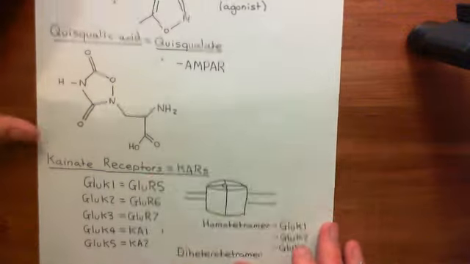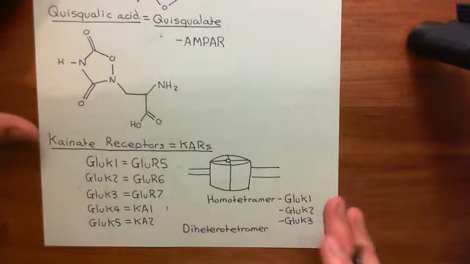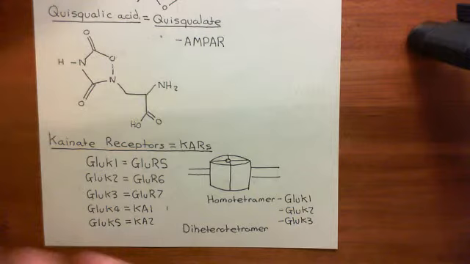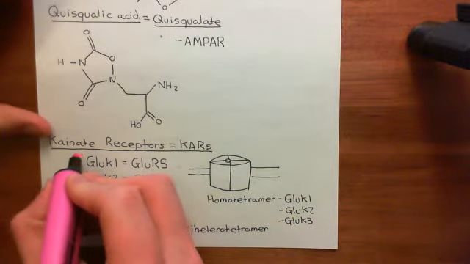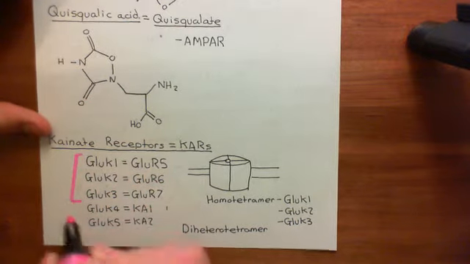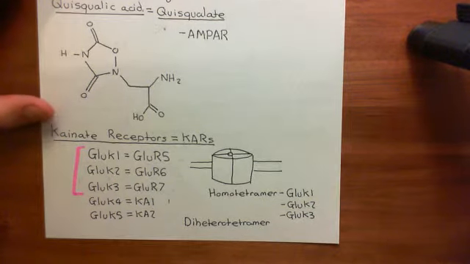I think I might go up onto this little space here so that it's all on the same page. Right, so this is the basic rule for making a diheterotetramer. Basically, what you start off with is you need to pick one of these 3 up here: one of the gluK1, gluK2, gluK3. If you want to build a diheterotetramer, I'm going to tell you how to do it.